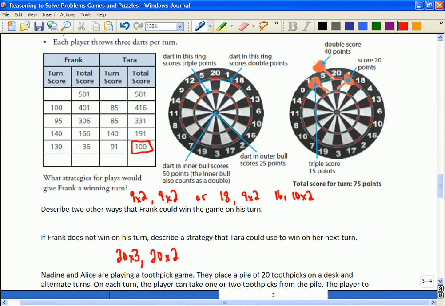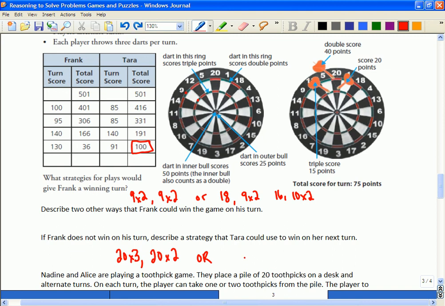Okay. Let's try one more. What's one more way that Tara could do this so that she got 100 points? Bullseye. Okay. So she gets a bullseye, but that's worth 50 points. And then, inner bull counts as a double. Okay, hang on a second.